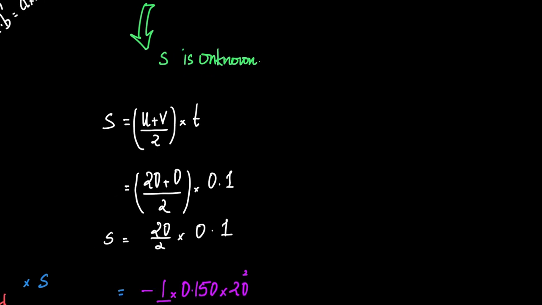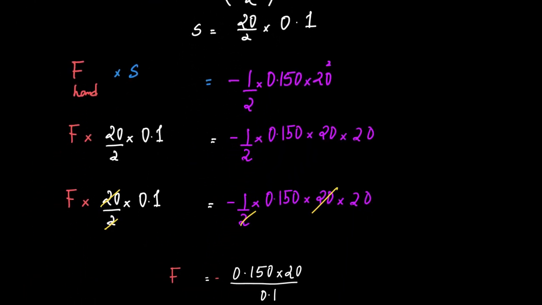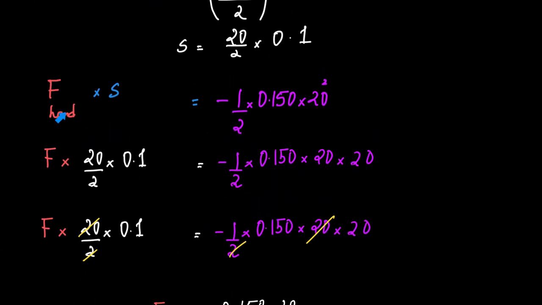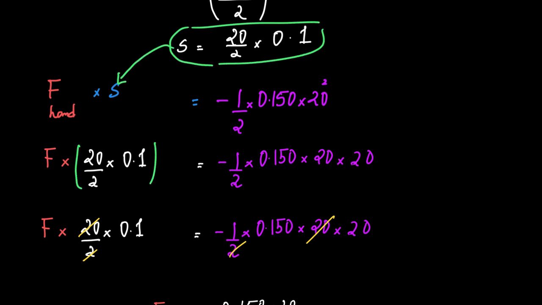If I plug in this value to the previous equation, what we get is F hand into S is equal to minus half into 0.150 into 20 square. And what we do is we plug in this value of S into the equation here, 20 by 2 into 0.1, right? So 20 by 20 is 1, 2 by 2 is 1.